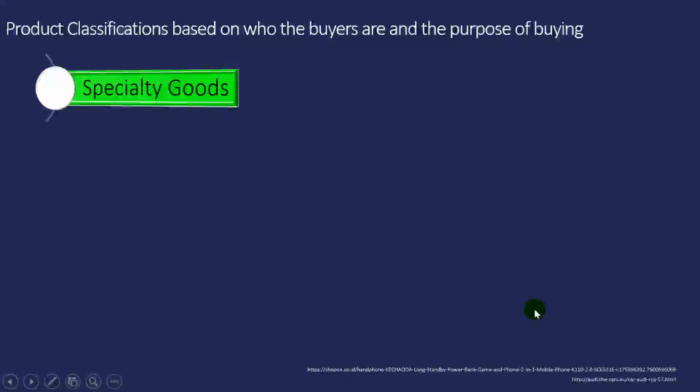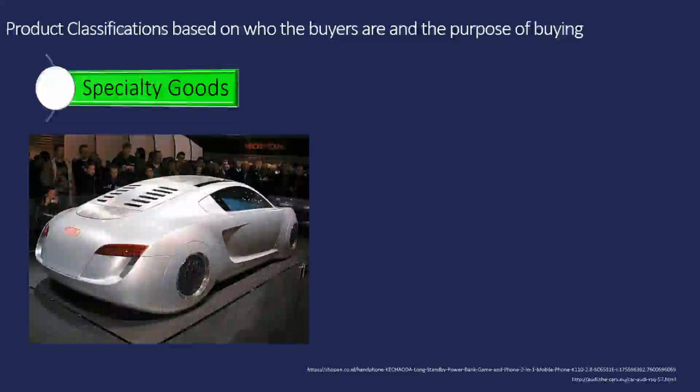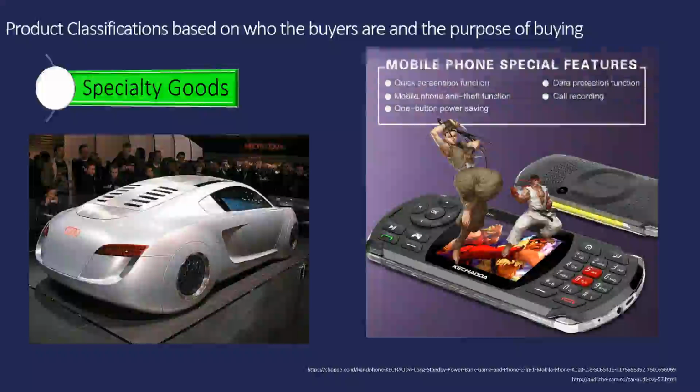Next one, we have specialty goods. These are some examples. Okay, this is a car and the brand is Audi. I got this one from the internet and I was also surprised. I just typed in a car with special features and it came up from there. It seems like the car has no wheels or tires.